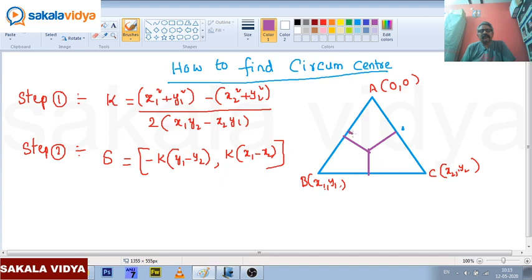They meet at a point. This is called the circumcenter. This is S.